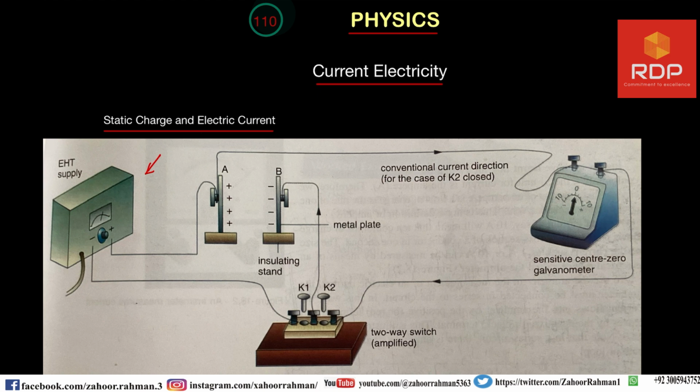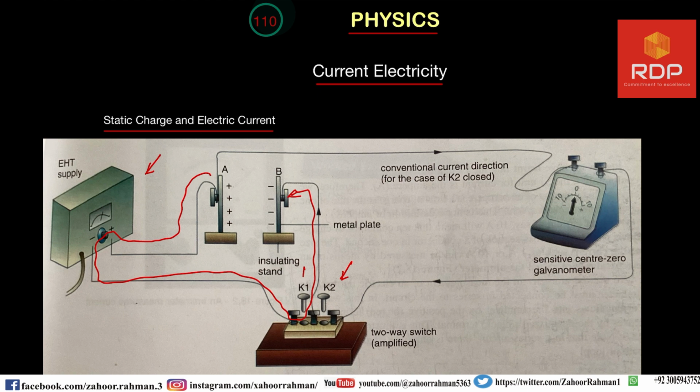So when we connect K1, it will provide this path. Going in this way, it will provide a path, and the circuit will be completed. Remember that K2 is not plugged in in this particular case.